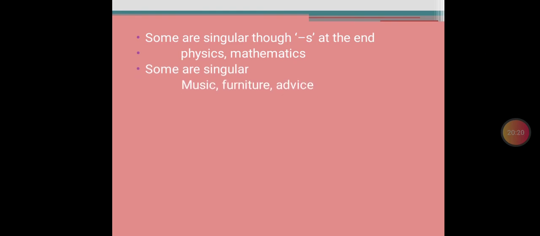Such words are music, furniture, advice. They are always taken as singular, and accordingly, we can use verb forms. So that is how we have learnt how from a singular noun we can make plural nouns.